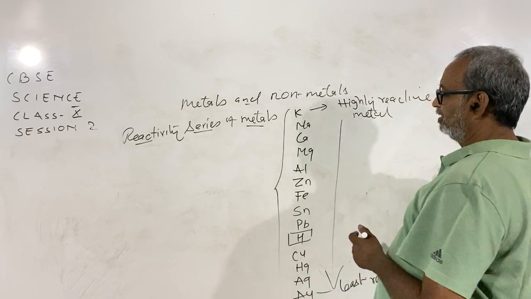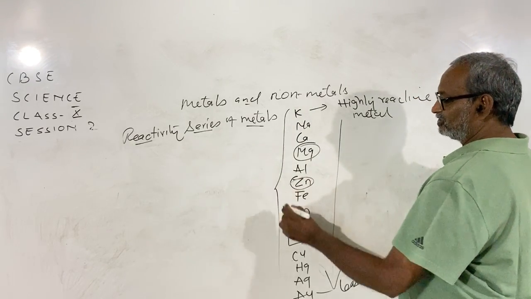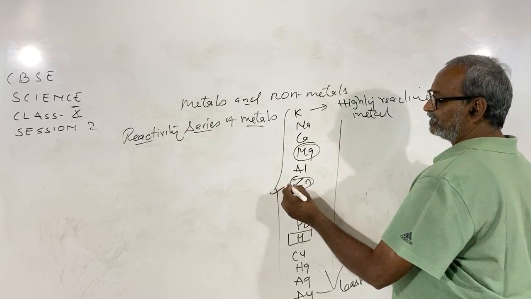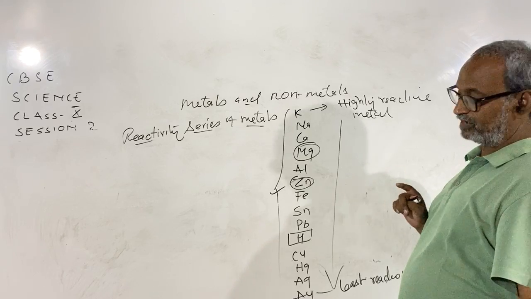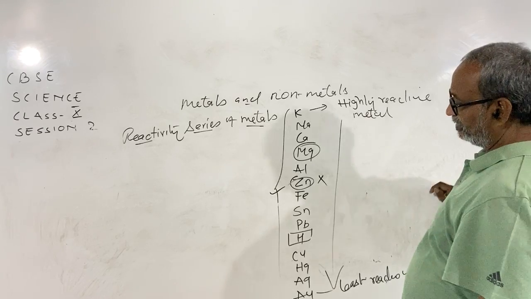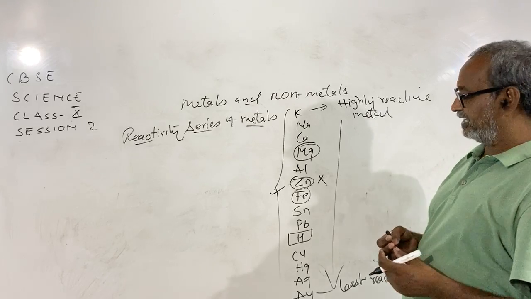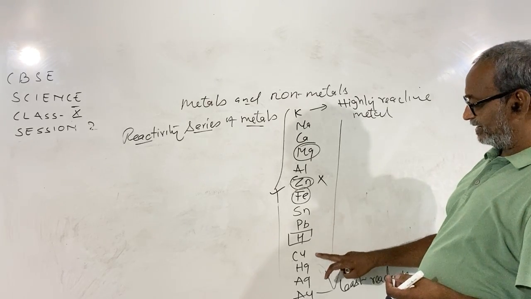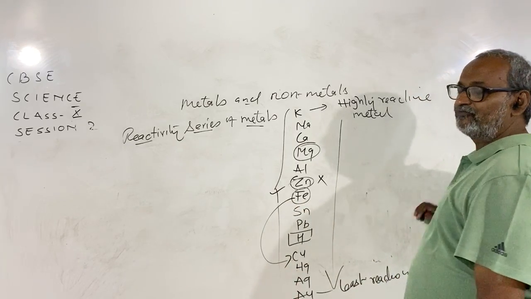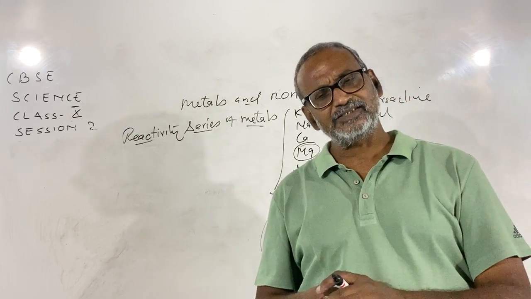For example, magnesium is above zinc in the reactivity series. Therefore, it is likely to displace zinc from its salt solution. Remember, zinc can never displace magnesium. Similarly, iron is more reactive than tin, lead and copper. Therefore, it is likely to displace copper from a copper salt solution, such as copper sulfate.